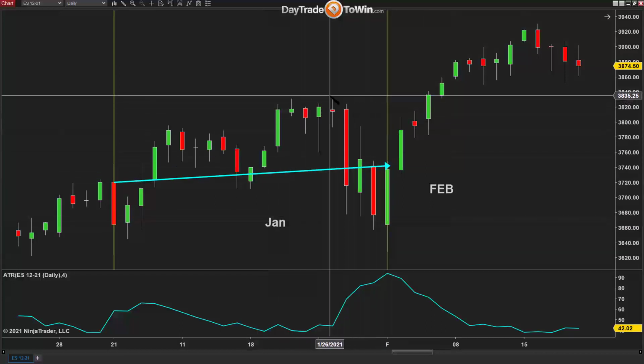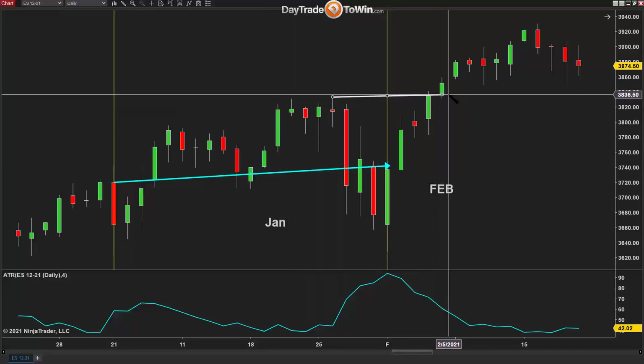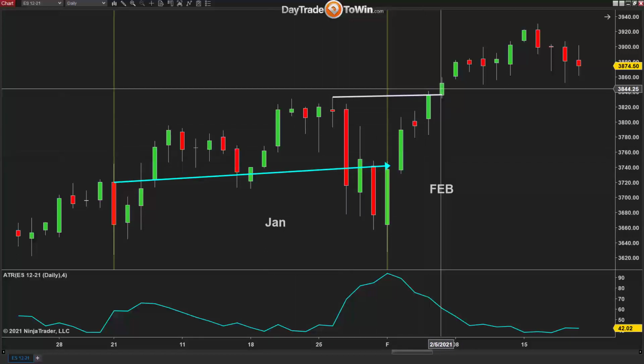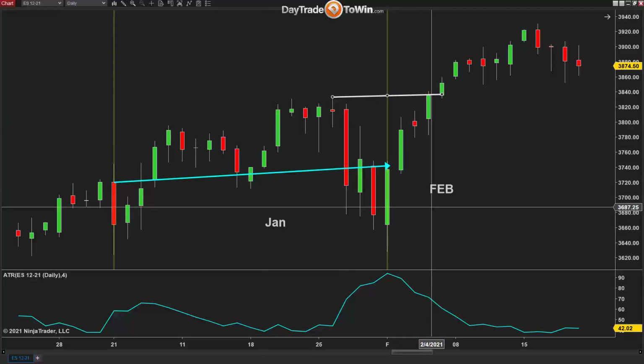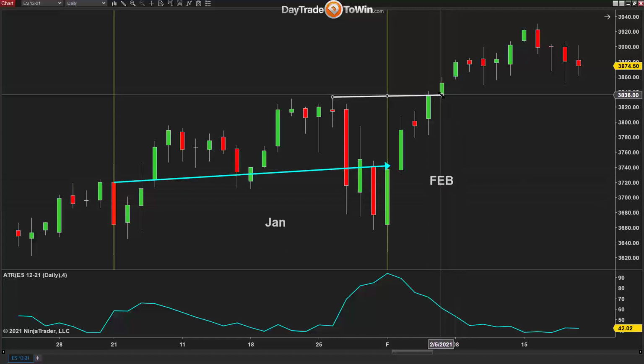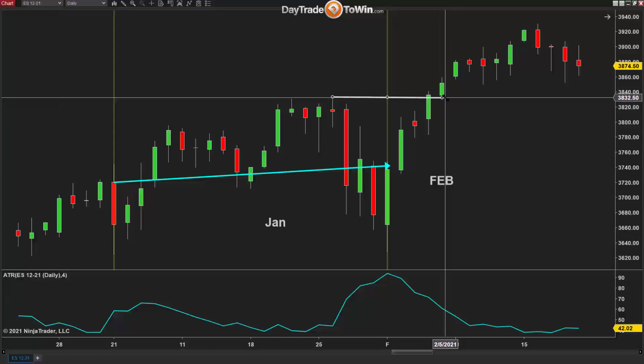As soon as the market made these highs in January, and because it was a higher moving month, as soon as the market breaks the highs of January, in February, I want to buy the market. And it could be by a point or two, you can have a stop order, a stop limit. And the idea behind it is that there's a pop or an explosion or a momentum move type of idea, that as soon as it breaks the highs, it's going to move a little bit higher.